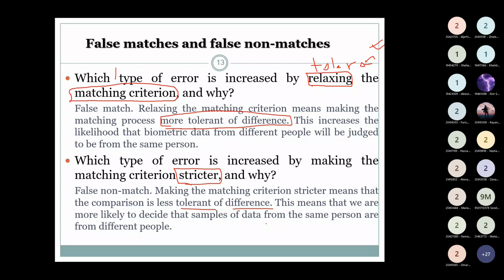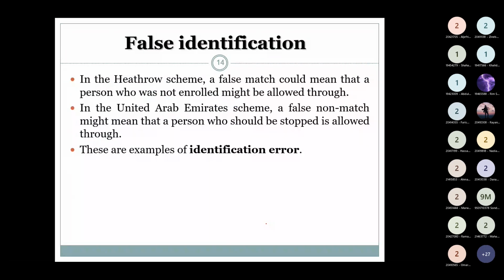Okay. We saw also the false identification, and the positive and the negative identification. So the false identification here in the hetero scheme, a false match. What does it mean, a false match?